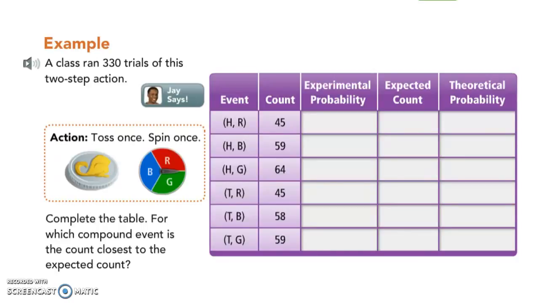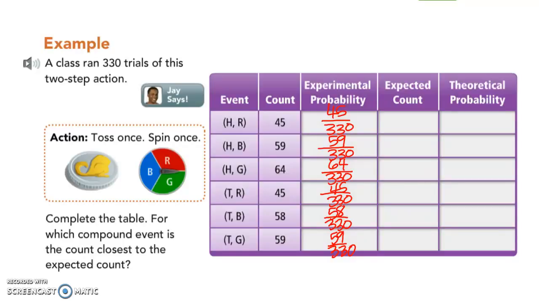Complete the table. So if we have counted this many of each of the events, the experimental probability here is 45 out of 330. We could probably simplify that, but I'm not going to. 59 out of 330, 64 out of 330, 45 out of 330, 58 out of 330, and 59 out of 330. Okay? So that means that those are our experimental probabilities.